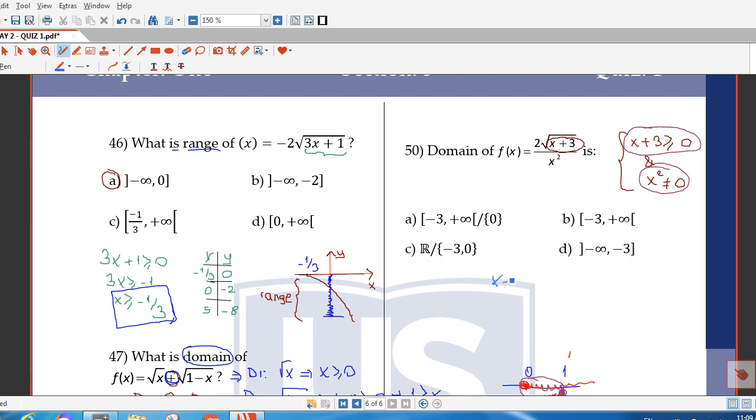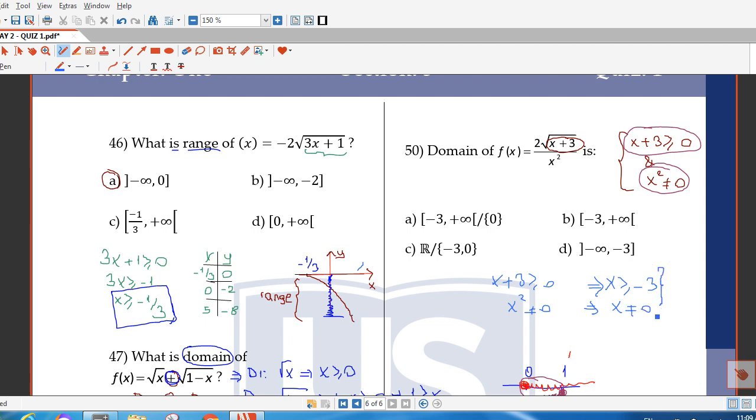x plus 3 greater than or equal to 0 means x is greater than or equal to negative 3, and x squared different than 0 means x is different than 0.